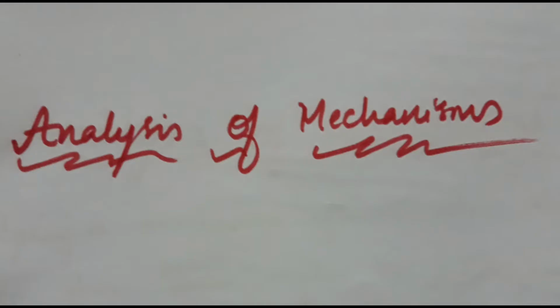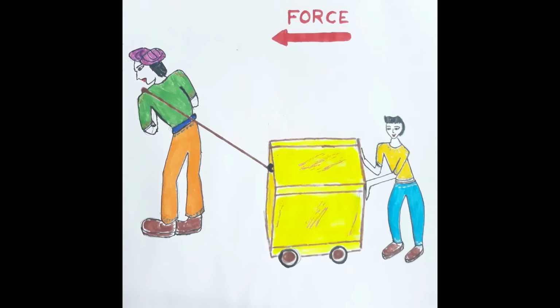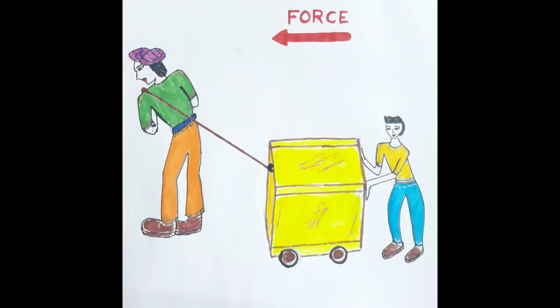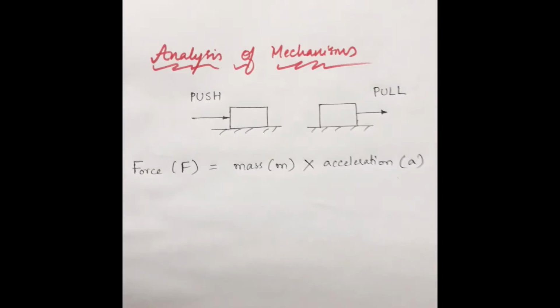Analyzing a mechanism often involves study of motion and forces. For forces, whether push or pull, result in motion. So studying forces is an inevitable part of analysis of mechanism. We know that an unstopped force can accelerate a mass, and this can be related as force is equal to mass multiplied by acceleration.